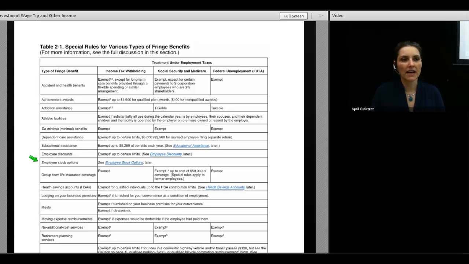And what the IRS says is that if an employer gives an employee stock in the company as a reward or a bonus for services provided, that stock has to be grossed up on the W-2 as a wage. It's a fundamental aspect that a lot of people don't grasp, a lot of tax preparers don't grasp.